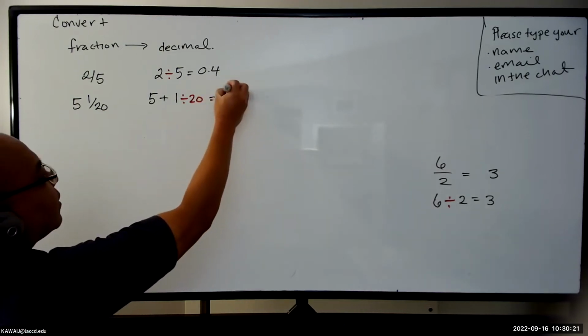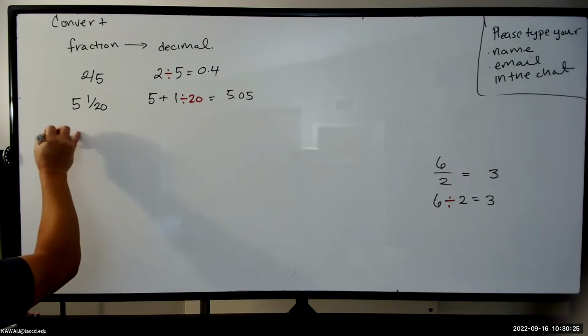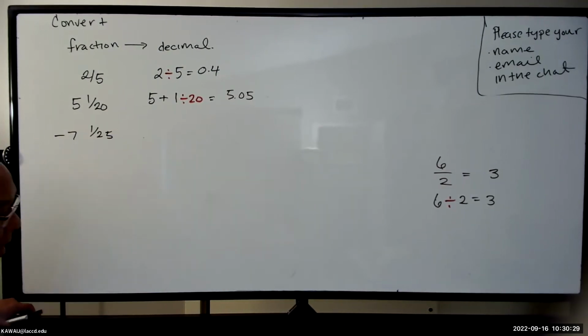So you get 5.05. And then let's do one more. I'm going to give you a negative number. So go ahead and do that one.